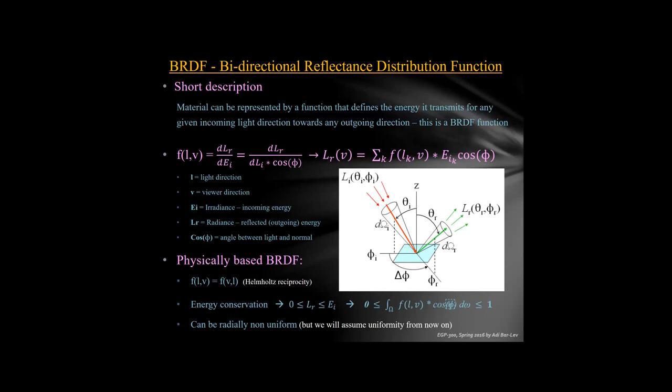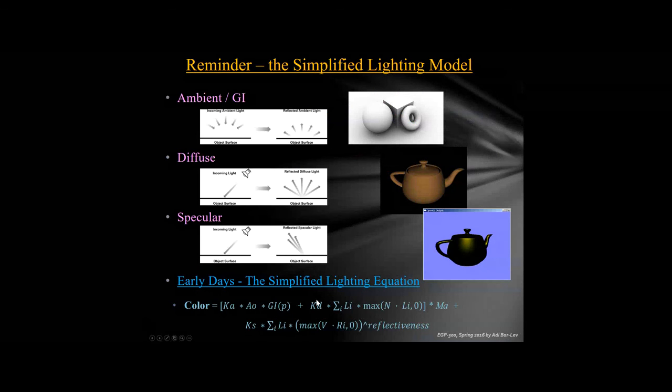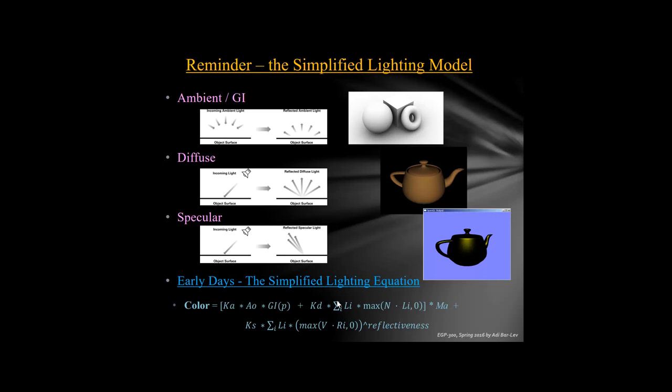Now, the problem with the previous simplified version is the fact that the artist can control the KD, the coefficient for the diffuse part, for the ambient part, and for the specular part. And they did that per material in order for the material to look good enough. But that means that each material interacted with the actual energy in the scene totally differently.